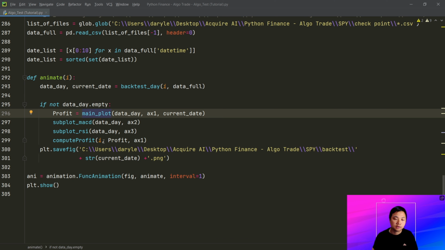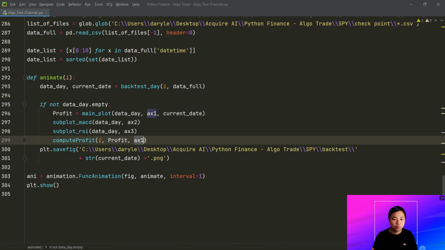So for example, if this is 1, that means we've done two backtests so far, because we have the 0 and 1. And then for this one, this is the axis, because we want to put it on the main chart on the top right-hand corner.